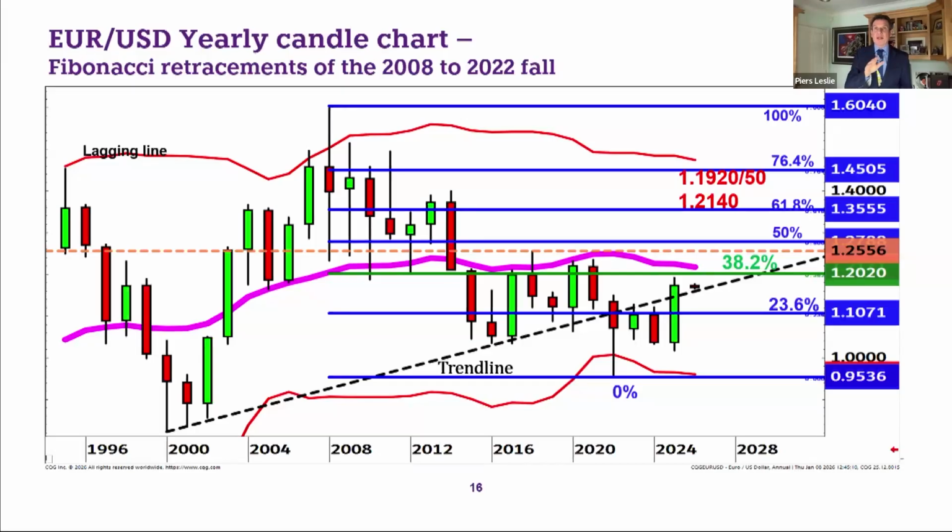When it broke below, it's used it as resistance. So that's why price action's struggling here. We also have a polarity line coming in, the orange dashed line going across, and that is at about 125.5. So yes, we could get a move up to 125 if we get through that 121.40.